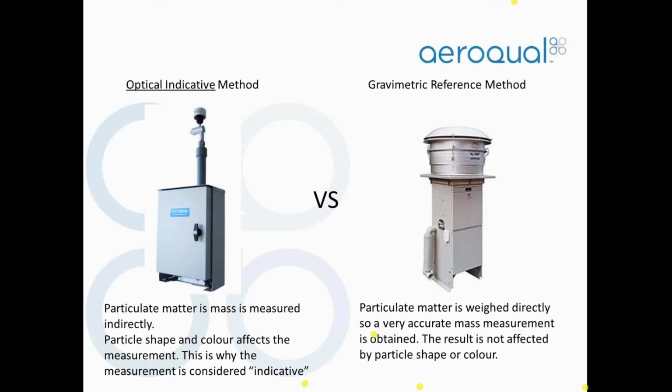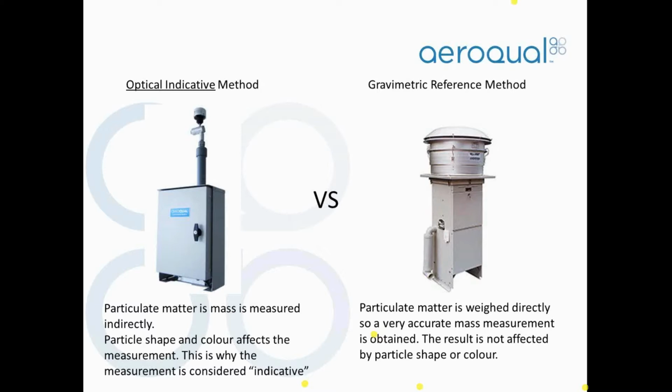So because particle matter concentrations are referred to as weight by unit volume, weighing the accumulated particle matter is the most accurate method. And because we are weighing the particle matter, the morphology or the composition of the particle matter is not going to affect the mass measurement. So it makes no difference whether we're weighing carbon, soot, or sea spray, or anything, or silica.